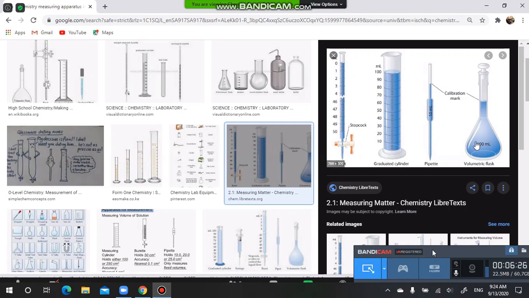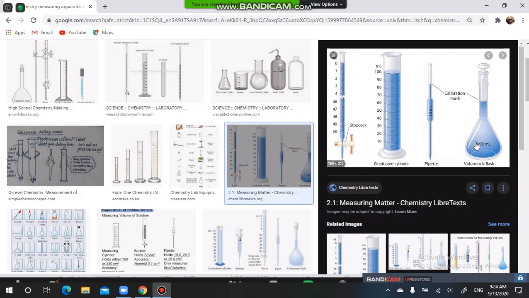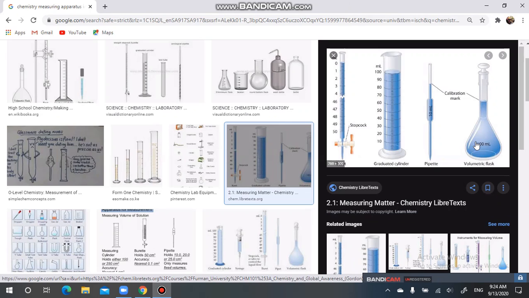To measure the volume, we use the measuring unit centimeter cubic. So the measuring unit of the volume of a liquid is centimeter cubic.